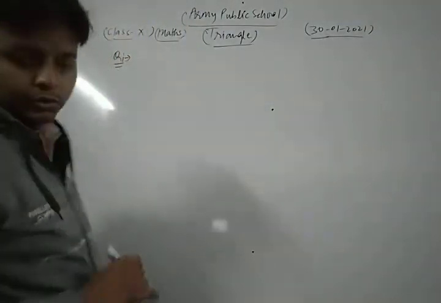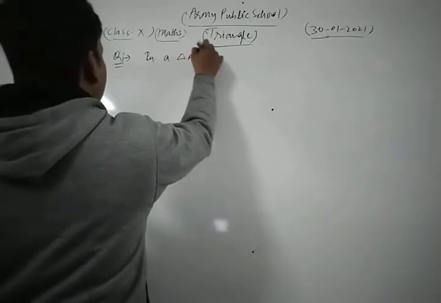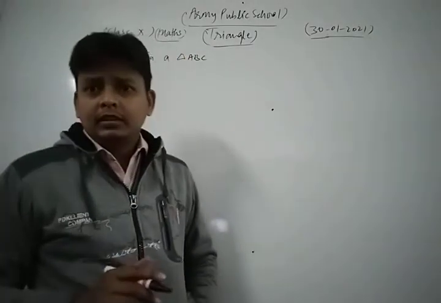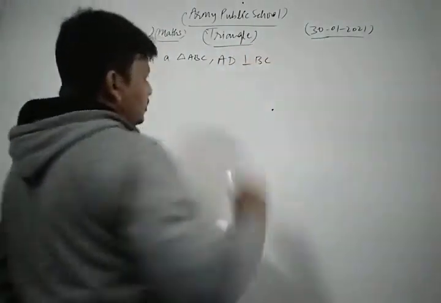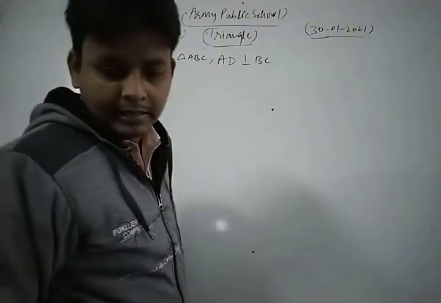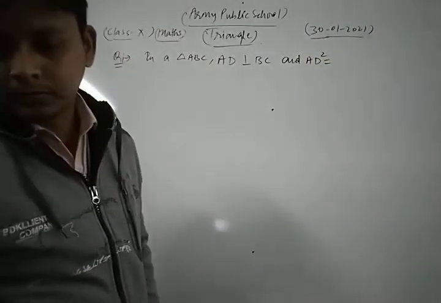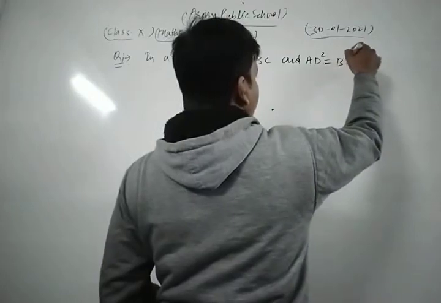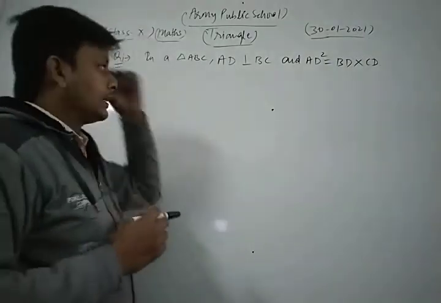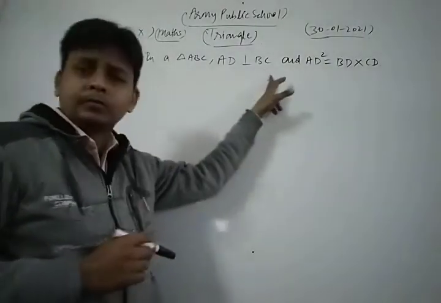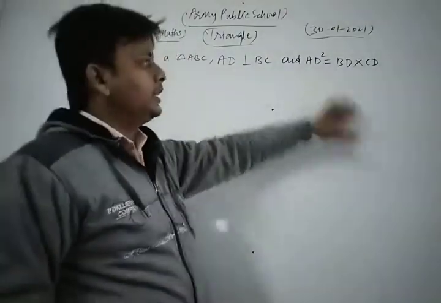We take a very important question. In a triangle ABC, AD is perpendicular to BC, and AD square is equal to BD into CD.